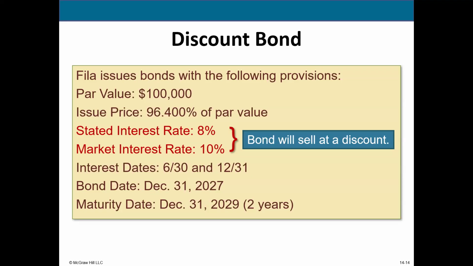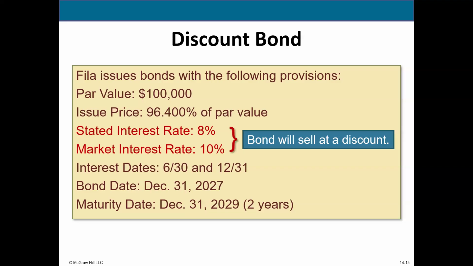So here we have the same example, $100,000, but this time it's Fila, which, as you know, is a sports wear brand. So Fila issues a bond at $100,000 par value with a stated interest rate or contract rate of 8% interest to be paid semi-annually, and the bond has a life of 2 years.